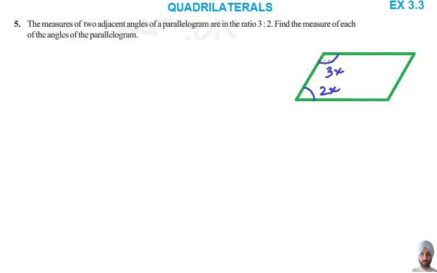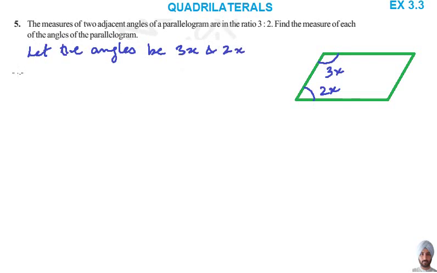That means they will follow the property of a parallelogram, and the property is that the adjacent angles are supplementary. We have done it quite many times now. So I'm just going to write, let the angles be 3x and 2x.